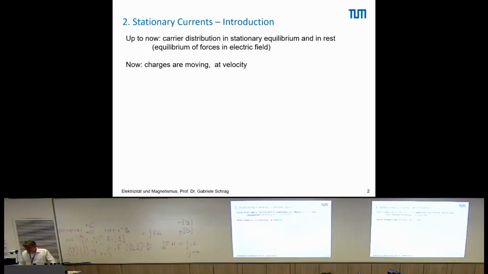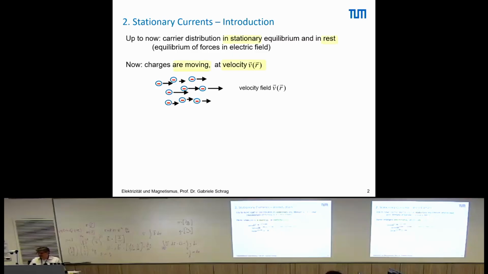That means all the forces were in equilibrium, so you always have a force balance. What we are changing now is that we're looking at charges which are moving. They have a given velocity, and that is what you see indicated here: a number of charges that now exhibit a motion, specified by a direction, given by the vector, and a magnitude of the vector.